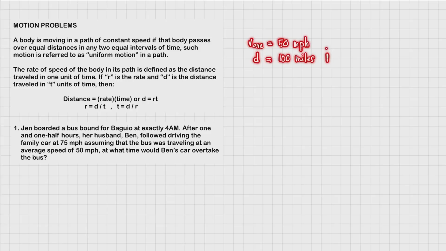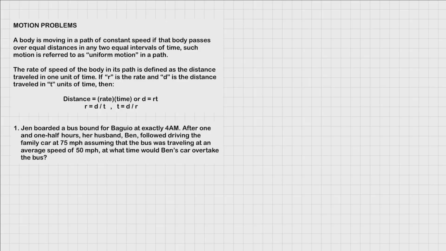Or rather, in 2 hours. Now, the speed or rate of a body in its path is defined as the distance traveled in 1 unit of time. If r is the rate and d is the distance traveled in t units of time, then you'd get distance equals rate times time, or d = r times t, right?